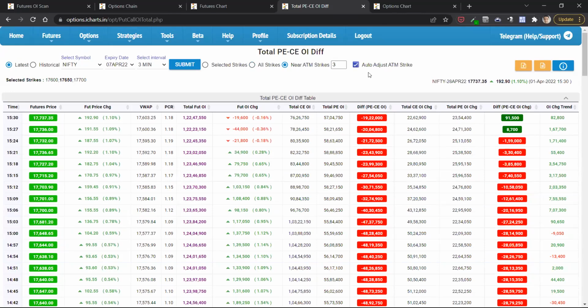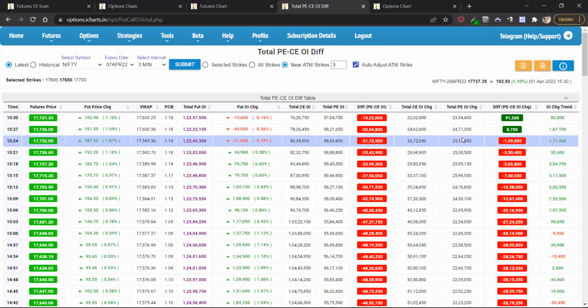With auto adjust, you have to be a little careful because it makes the report dynamic. As the price moves, these 3 strikes keep changing. We have set near ATM 3 strikes, so as the ATM changes, these 3 strikes will change automatically, and this Y change will drastically change. So you have to be very careful.